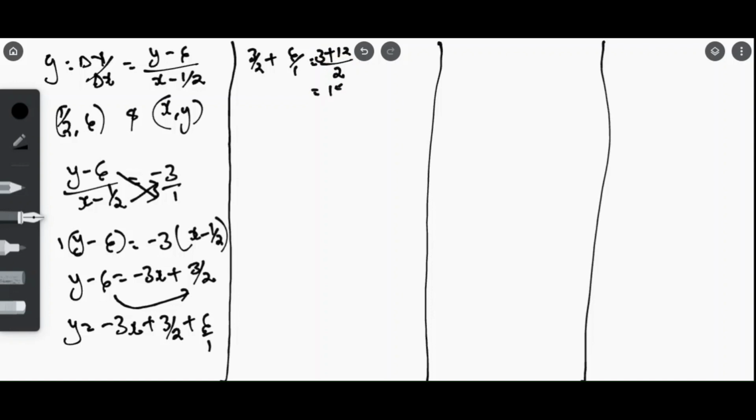So my answer is 15 all over 2. So the final answer here will be y is equal to negative 3x plus 15 all over 2. And that is how we get the equations of a straight line.